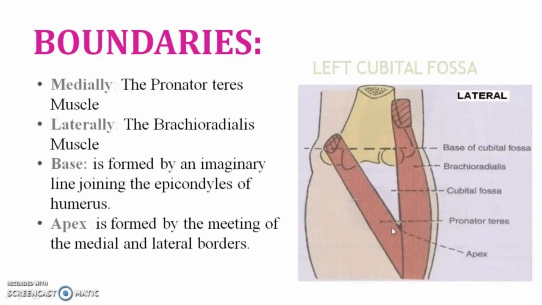So the approximation of pronator teres along with brachioradialis forms the apex of this cubital fossa. So these are the four boundaries you have to remember: the medial boundary formed by pronator teres, the lateral border formed by brachioradialis, the base formed by an imaginary line joining the medial and lateral epicondyles, and the apex formed by approximation of these two muscles.